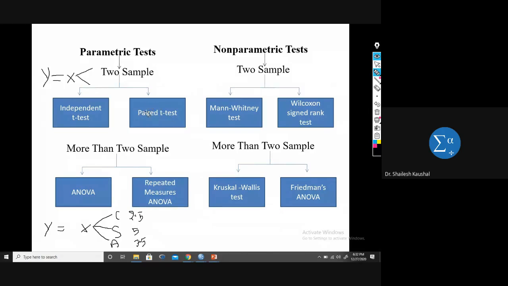Now the paired t-test. Paired t-test, when should we use the paired t-test? When we observe the same respondents two times, for example, in this workshop, I have some participants. Before this particular program, I conduct the test and give marks to all the participants, participant number 1, 2, and so on.